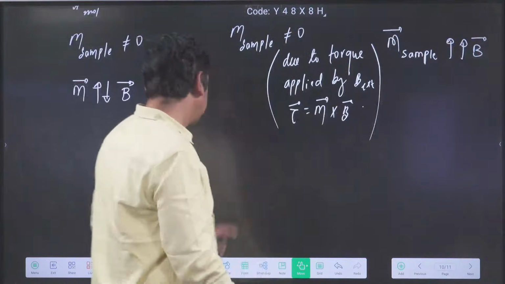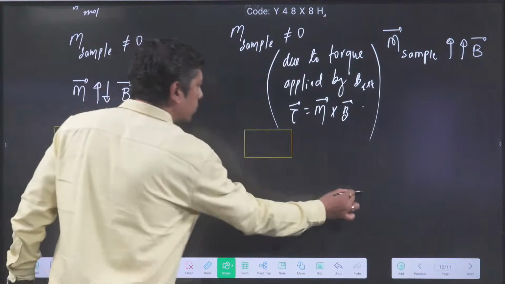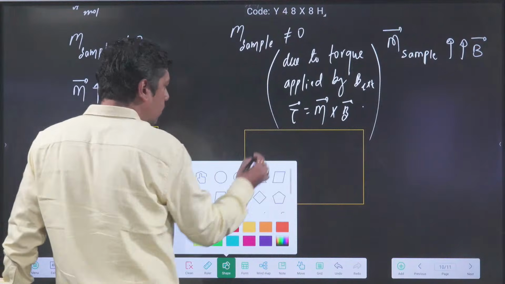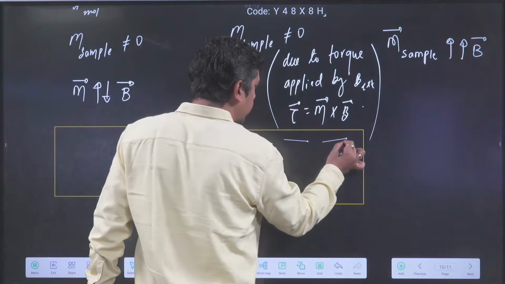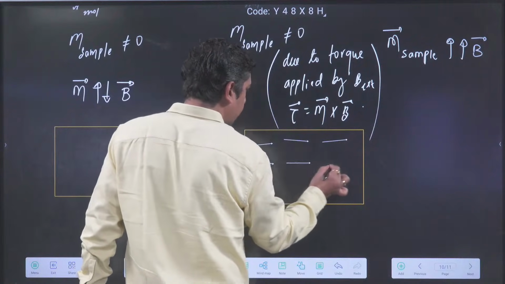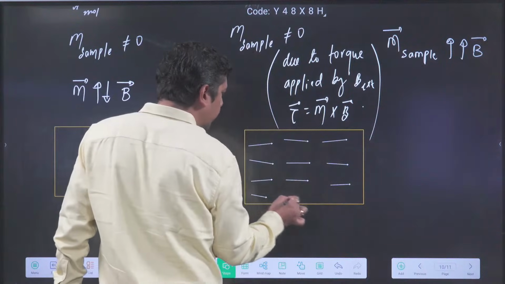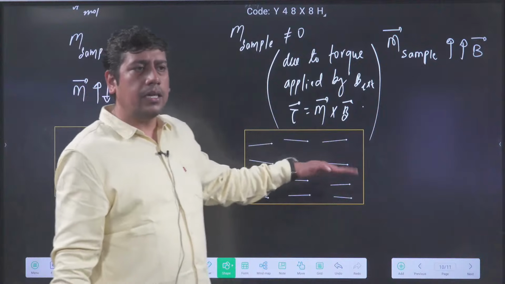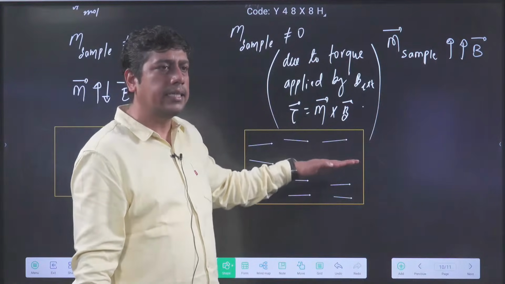If I draw the diagram, it will be something like this. A little bit of randomness will be there, meaning it is oscillating something like this. It is still oscillating like this.